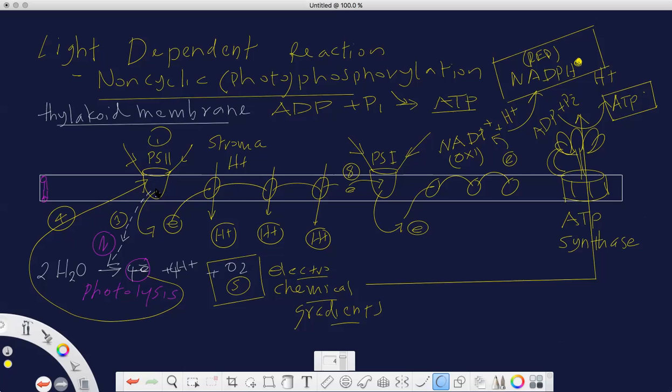PS2 is again stabilized, and the free electrons can move to photosystem 1 because it also loses electrons when it absorbs light. Then PS1 is stabilized by the electron coming from PS2, and then this electron moves again to the electron acceptor to make NADPH. Finally, accumulation of a large amount of hydrogen ions move through this ATP synthase complex. This creates ATP molecules. This is called photophosphorylation.